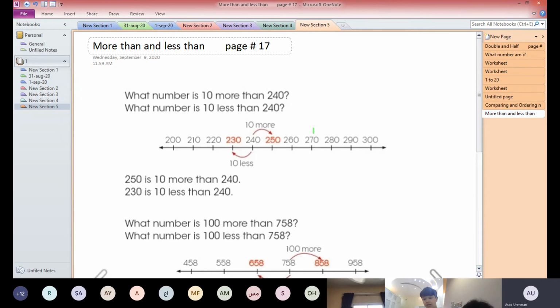So it's following the pattern of plus 10, or 10 more. The question is asking what number is 10 more than 240. You will check where 240 is, and after 240 what comes? 250. So you will say 250 is 10 more than 240.